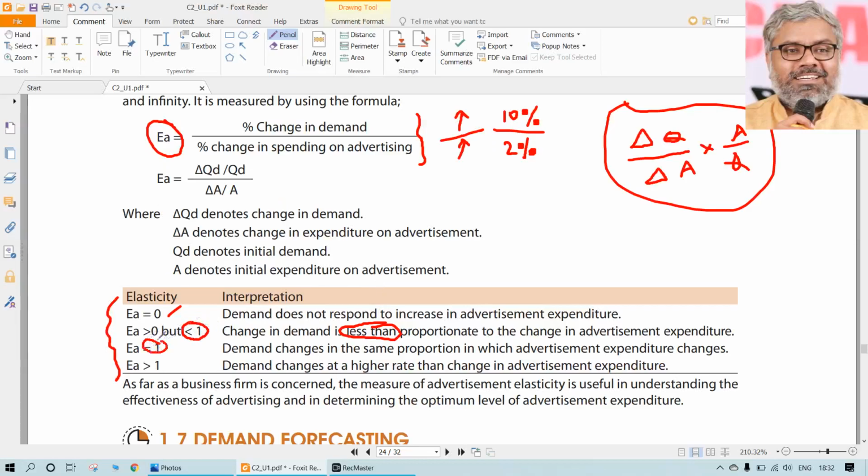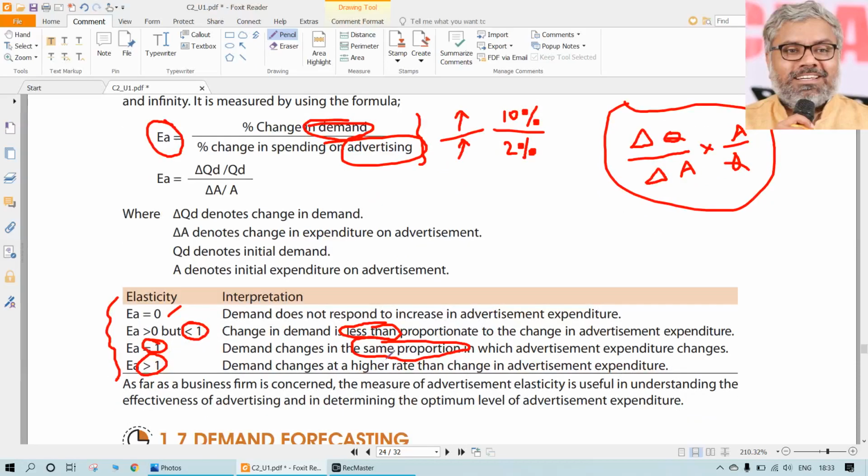If it is equal to 1, it means both demand and advertising are changing in the same proportion. If that is happening, then it is equal to 1. If the EA, elasticity of demand of advertisement expenditure, is more than 1, that means this is a product which is very responsive to advertisement.